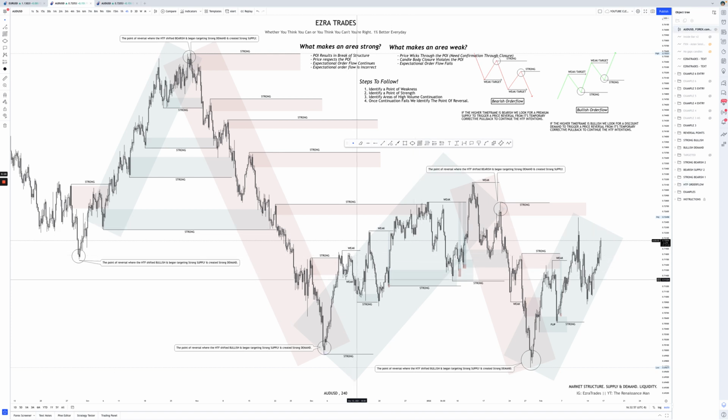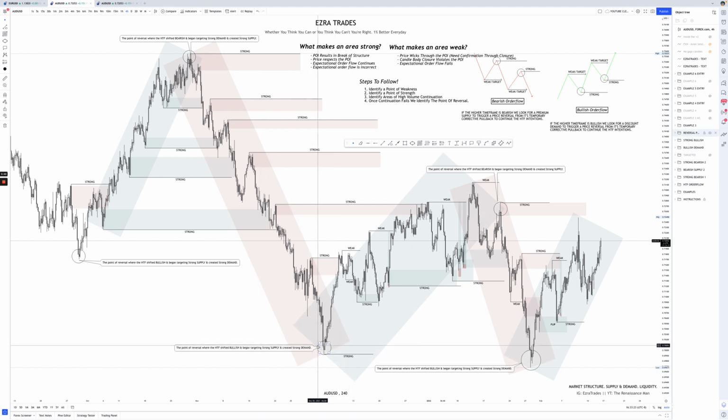Now in a lower time frame, there'll be reversals, but we only have 2 reversal points at the sides of every swing. So if this was one bearish swing, this is where we got the reversal from bullish to bearish right here. Point of reversal where the higher time frame shifted bearish and began targeting strong demands, and created strong supplies. As a result, here's the same thing.